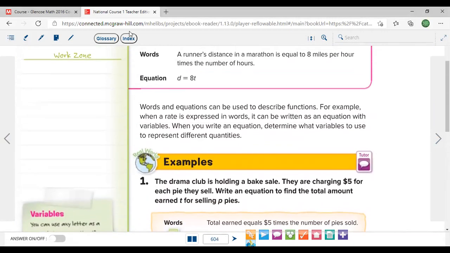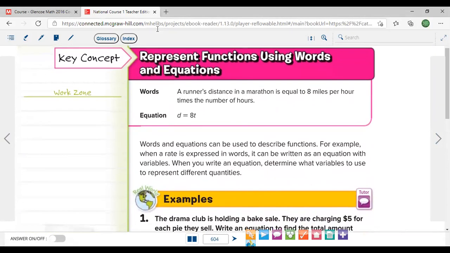Now, represent functions using words and equations. A runner's distance in a marathon is equal to 8 miles per hour times the number of hours.